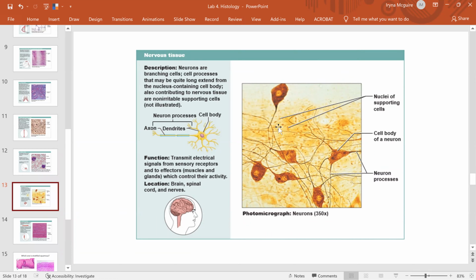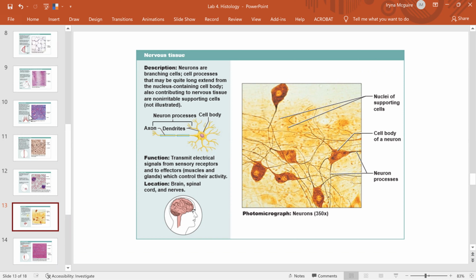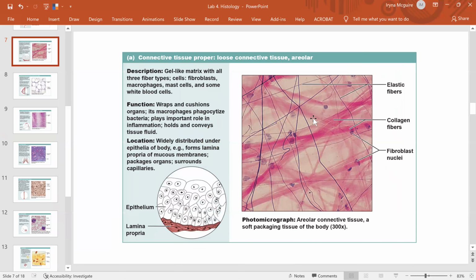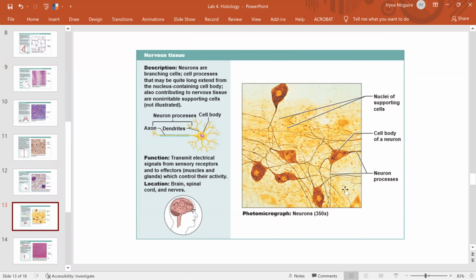You have big cells and lots of lines in between them. And look over here, you have cells and lots of lines in between them. Now in a connective tissue, those lines are extracellular stuff. Those are proteins that are not inside our cells. In a nervous tissue, those lines are part of the neuron. That makes sense. That's a big difference.